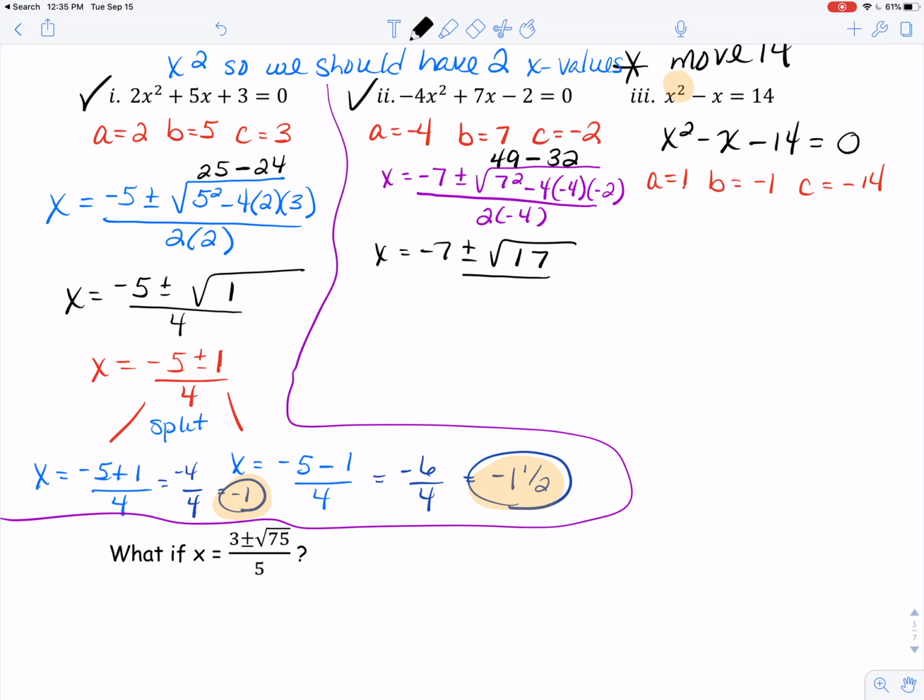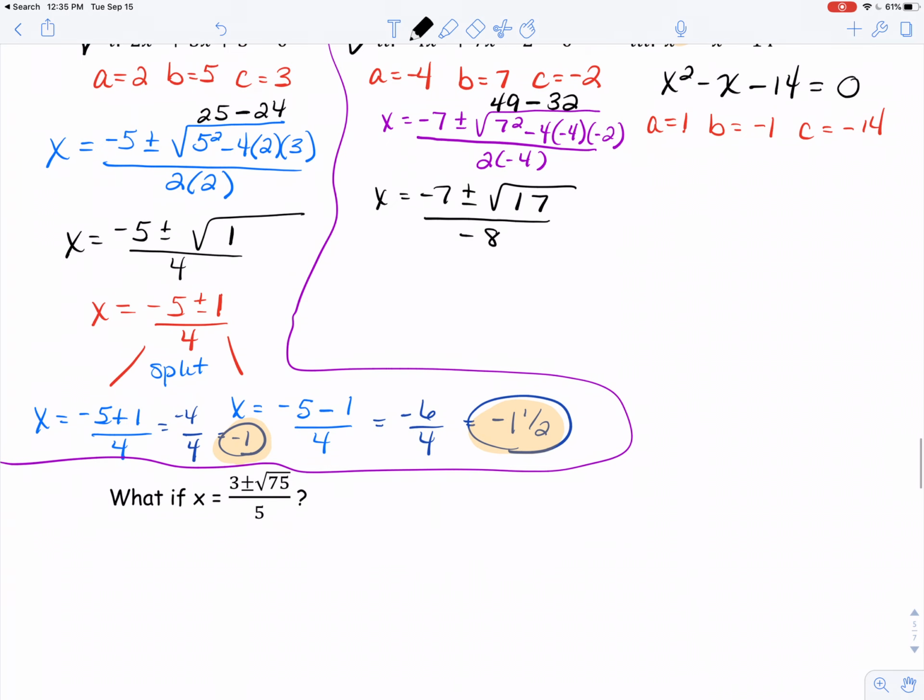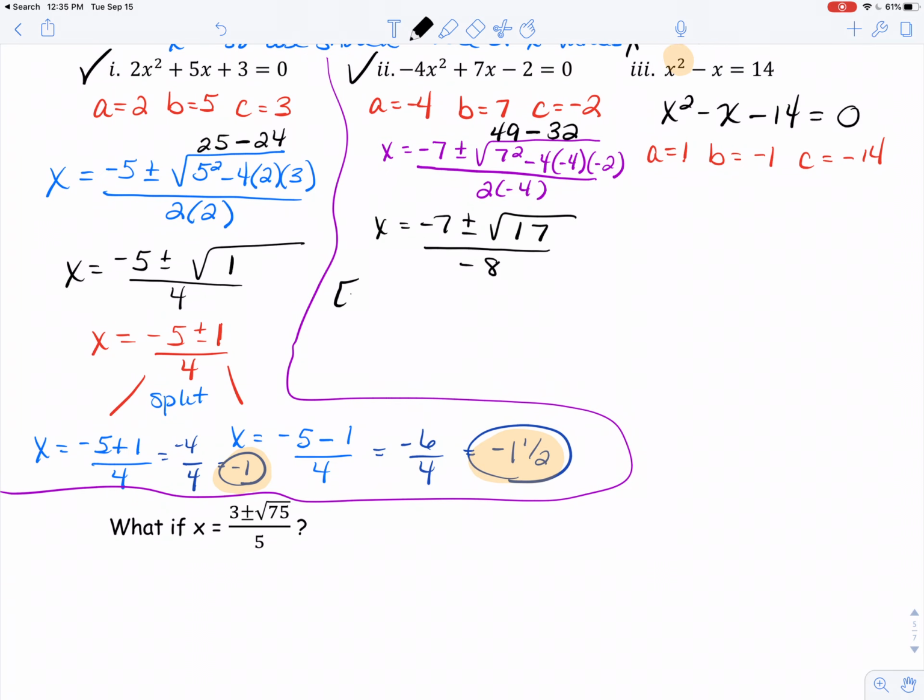Now that is not a perfect square. Now 17 does not even have any perfect square factors, so I simply cannot reduce that any further. So if my lab asks for an exact answer, you would say x equals negative 7 plus square root of 17 divided by negative 8, comma, negative 7 minus square root of 17 over negative 8.